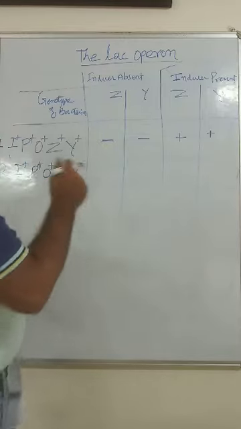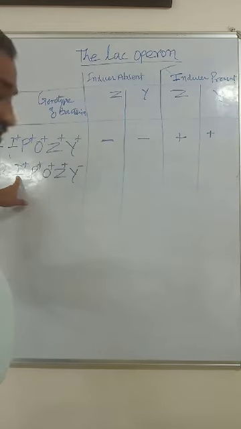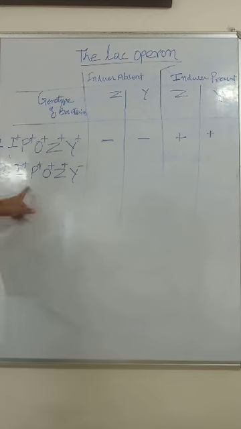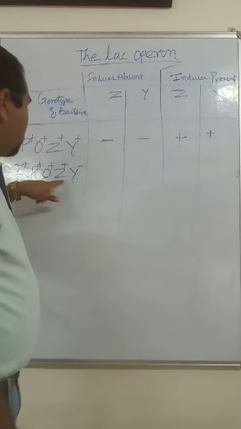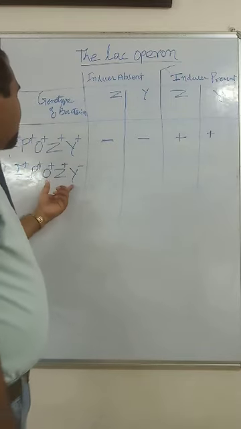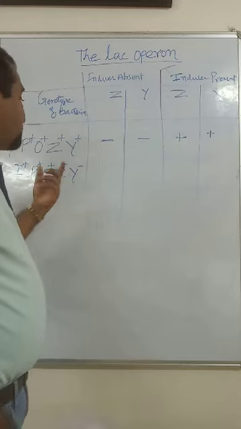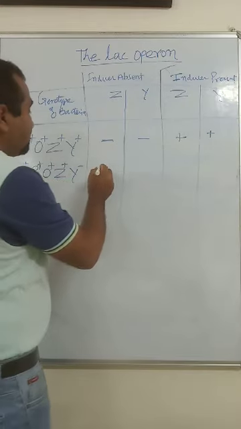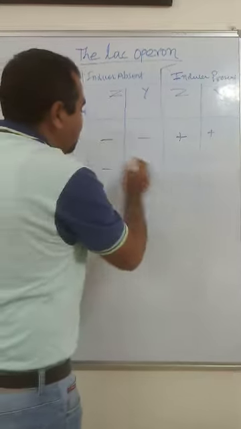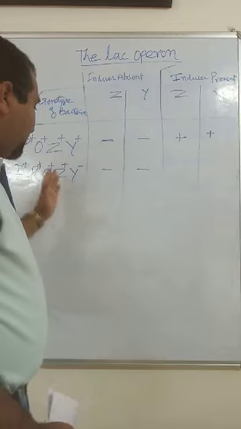So here, if inducer is absent, the regulator gene is normally functioning, will produce repressor molecule that will bind on operator, and hence there will be no production of Z gene and no expression of this Y gene. So in this case both will be negative, that is no production, no expression of any gene product.